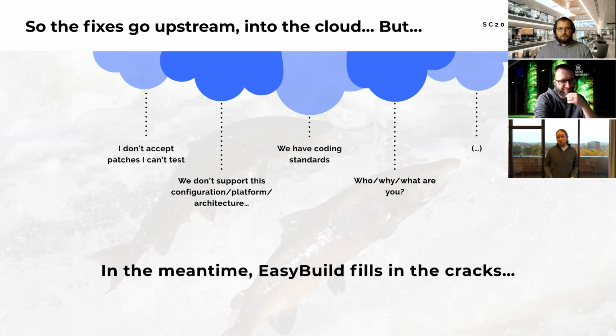Not the most fun conversation you'll have, but they do beat the conversations that are essentially, go away. Why are you applying patches to our code, or why do you even care? And then of course, the last option is absolute radio silence. You submit the patch and then nothing happens, forever.